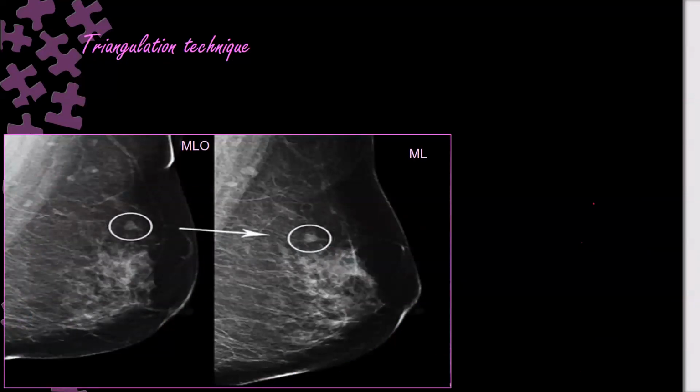Okay, let us take an example here. This is the MLO and this is the ML. So where is the lesion? Up or down? Down. So where do you expect the lesion to be? Lateral.